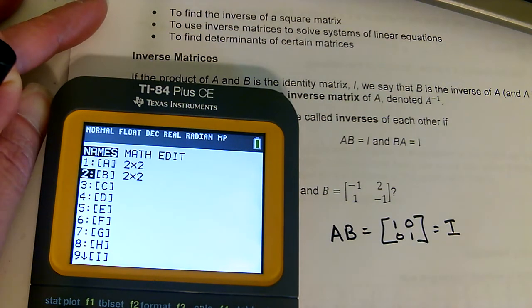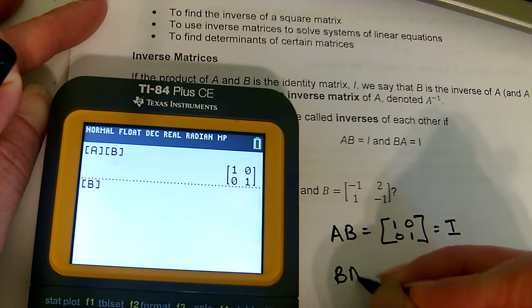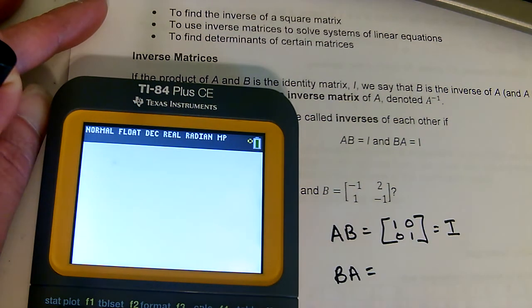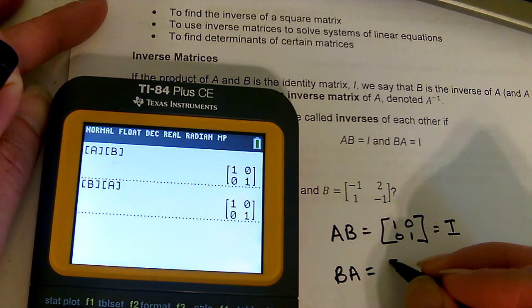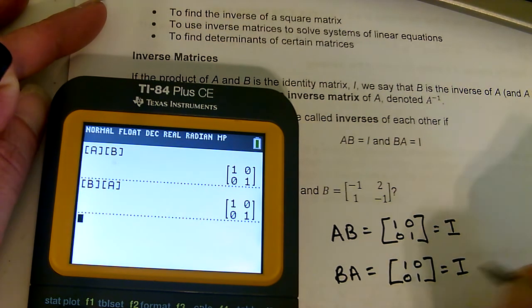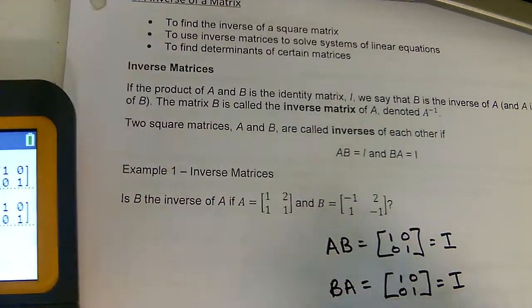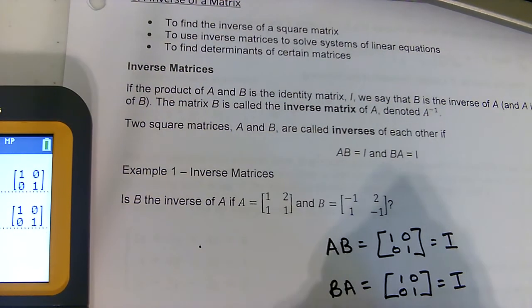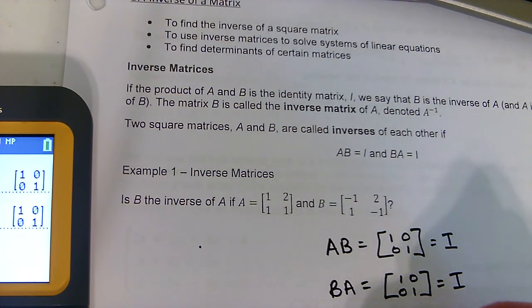We want to check the other way as well, because remember, order does matter in matrices. And I get the same thing. So these are inverses. Yes, they are. So that's how you test to see if you have inverses.